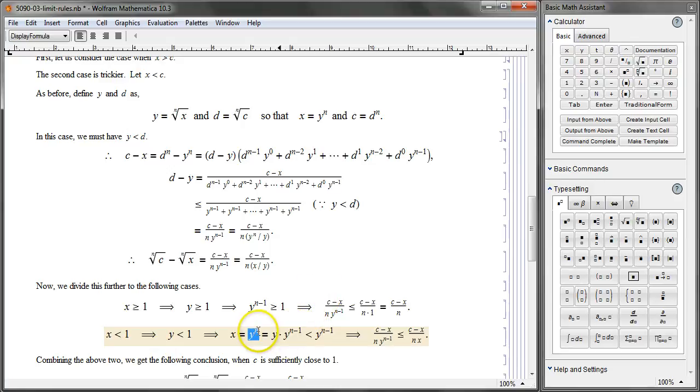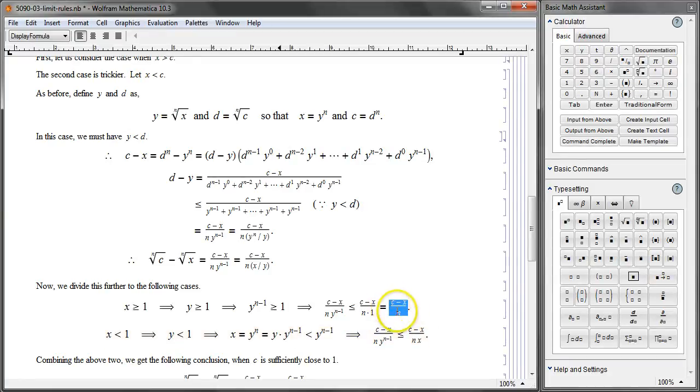So this is what we get: y to the nth power is less than y to the n minus first power. y to the nth power, by the way, is x, so x is less than y to the n minus first power. So we can replace y to the n minus first power by x, and consequently underestimating the denominator, so the overall quantity was overestimated. So we have this form, c minus x over n x.